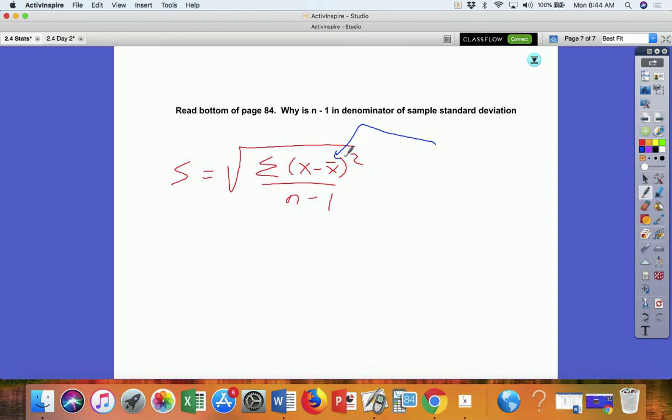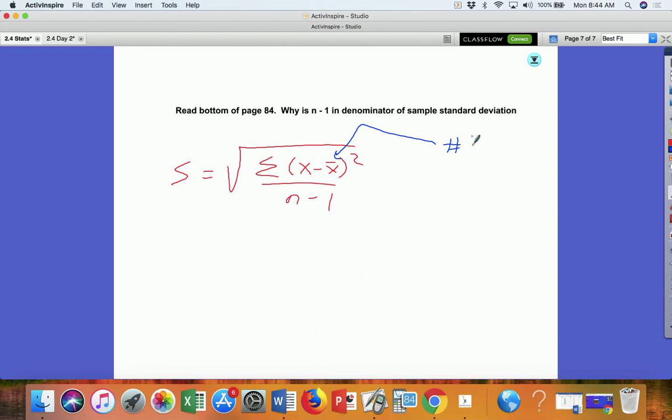You'd have to calculate the mean. So that'd be the first thing. What would the next thing be that you do? You would calculate this column, wouldn't you? You'd calculate the deviation. So you would do this next. What would you do next? Square them. So this would be the third thing.